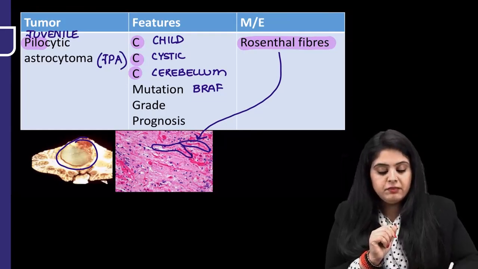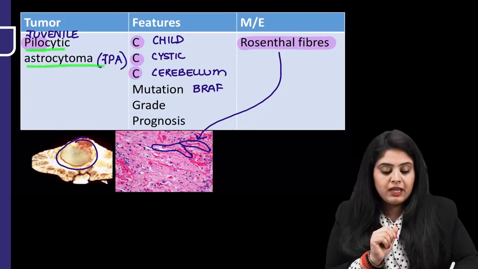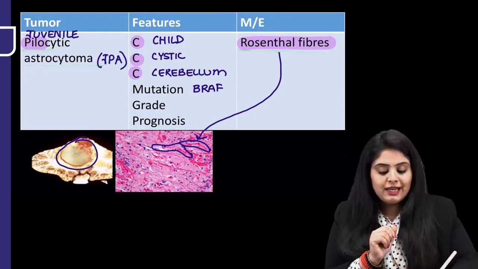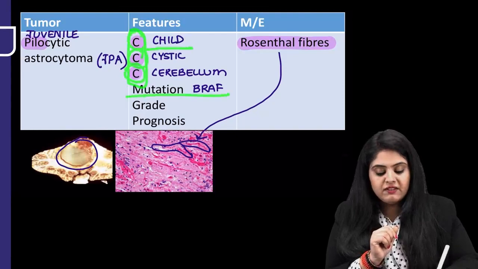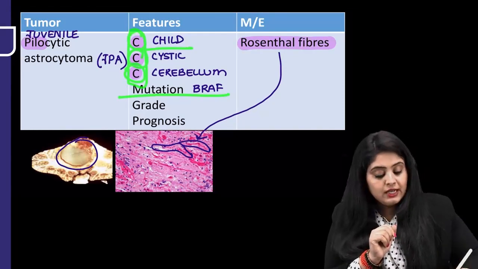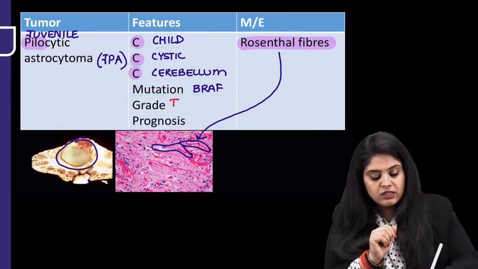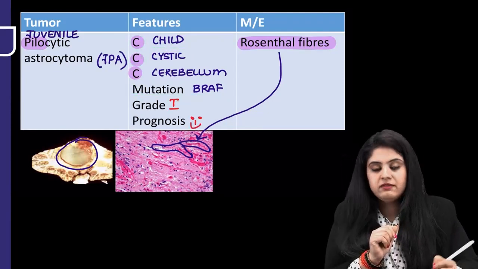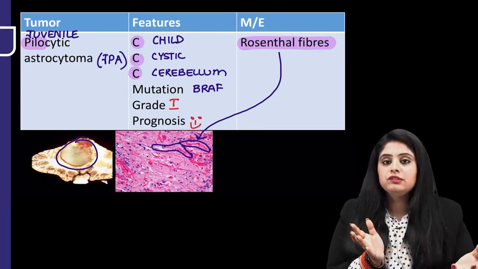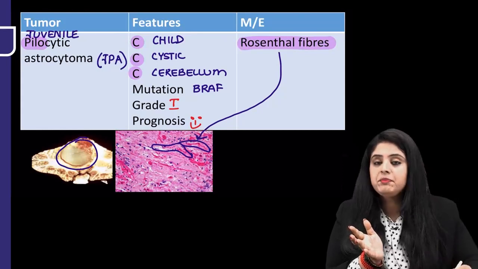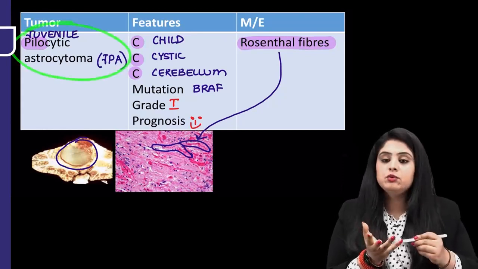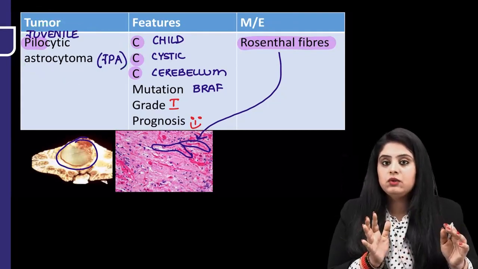Repeating once again, we see pilocytic astrocytoma, so pylo means Rosenthal fibers, and CCC, a child with a cystic lesion in the cerebellum. That child is very naughty, BRAF child. Remember, this is a grade 1 tumor, and I know that grade 1 tumor has the best prognosis possible. So simple, in the exam, if I have to pick up JPA, I have to go for CCC. That will be my take home point.